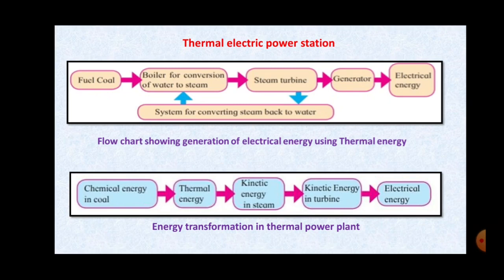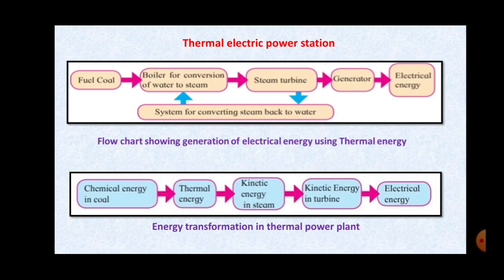So water is heated in a boiler, and with the help of the thermal energy from the coal, the water starts converting into steam. This kinetic energy of the steam starts rotating the turbine, and from here the steam is condensed and is again sent back to the boiler to convert it into steam.